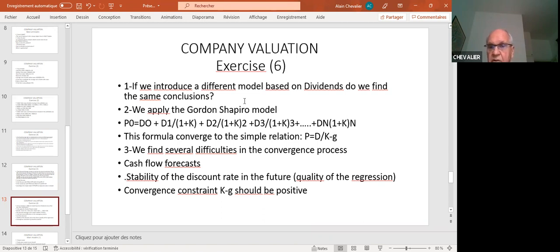You have found a good trend, and G will be very useful. After that, what we are able to demonstrate, I will not go through the demonstration, I will send you a reference on that, is that if we were able to calculate G using a regression process, we calculate the slope.